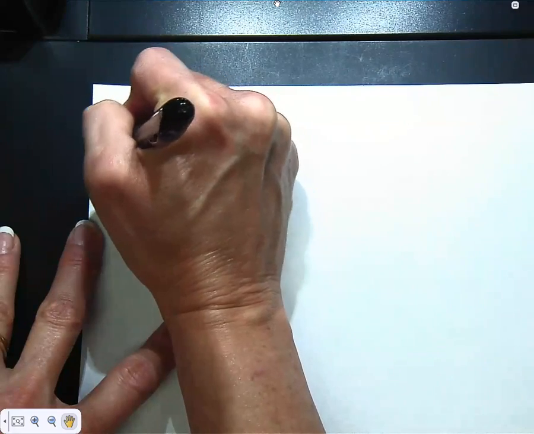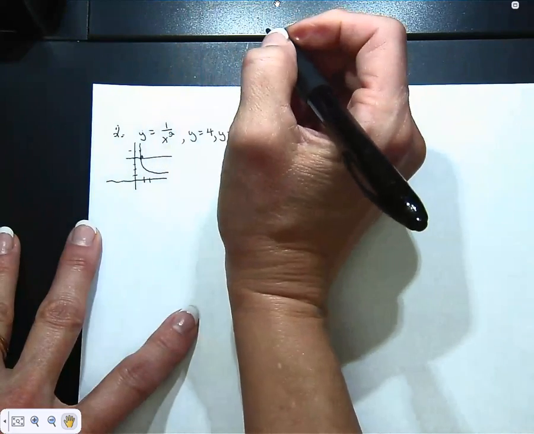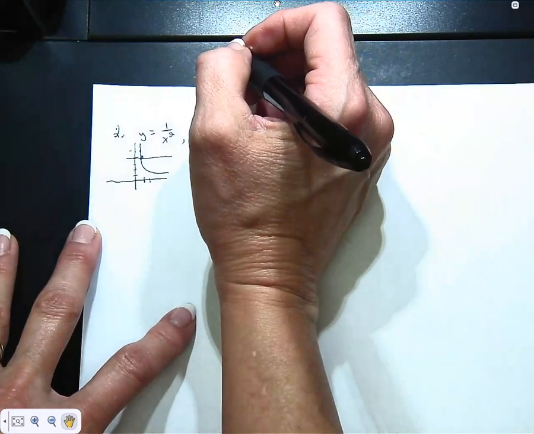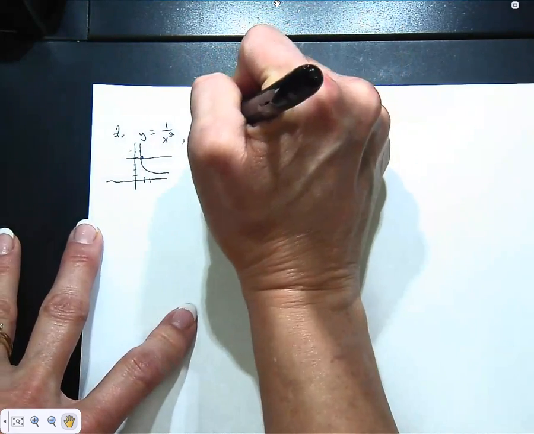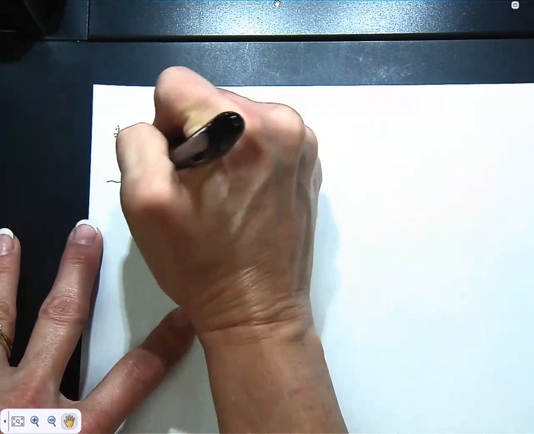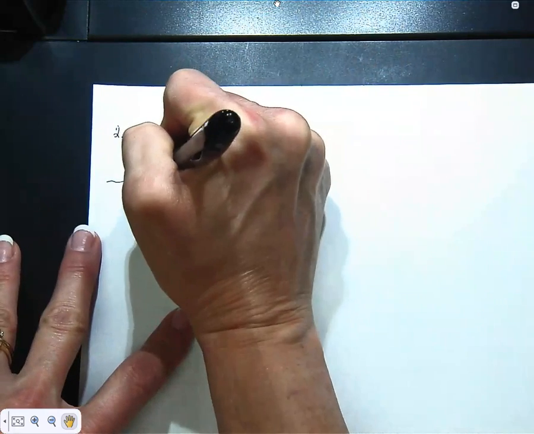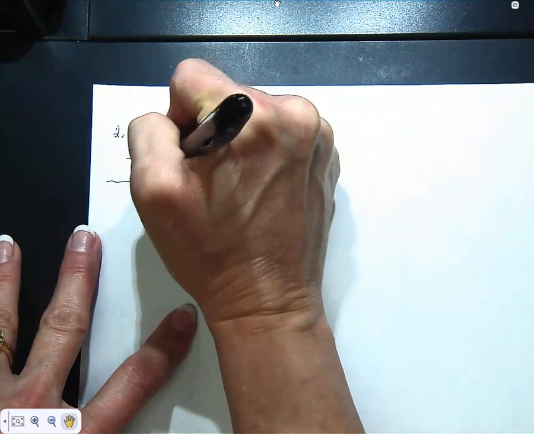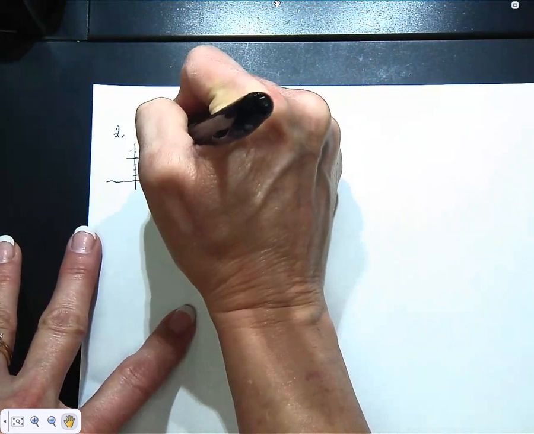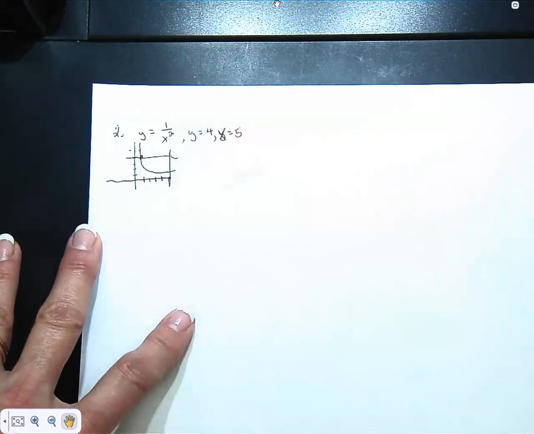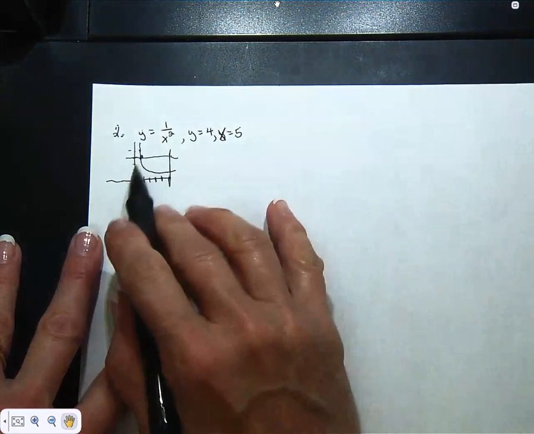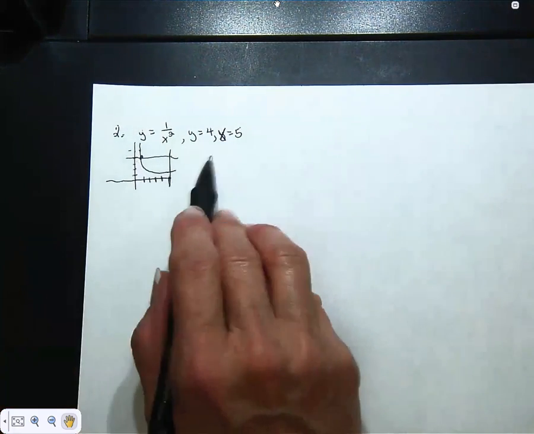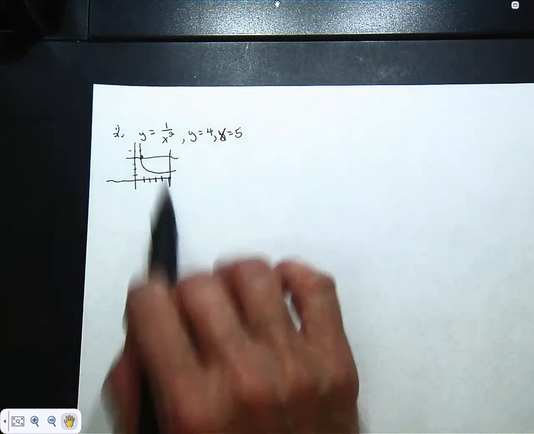I think that's supposed to be x equals 5. Oh, that would make more sense. Yep. X equals 5 is over here somewhere. So we're looking for the area bounded by that: 1 over x squared, y equals 4, and x equals 5.